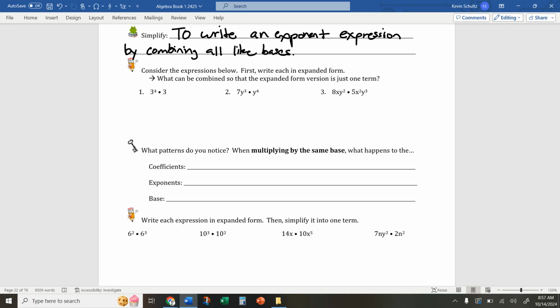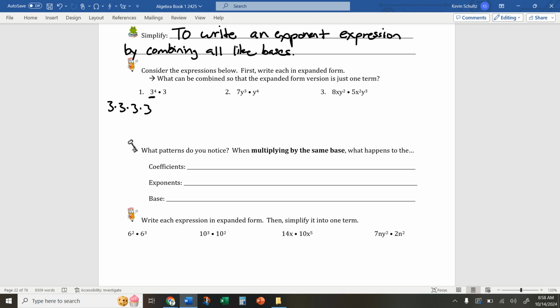Consider the examples below. It says first write each expression in expanded form, and then look at what can be combined so that the expanded form version is just one term. So take a look at the first one here. 3 to the 4th times 3. If we write this 3 to the 4th in expanded form, it's 3 times 3 times 3 times 3, right?